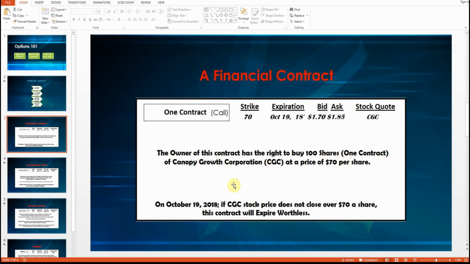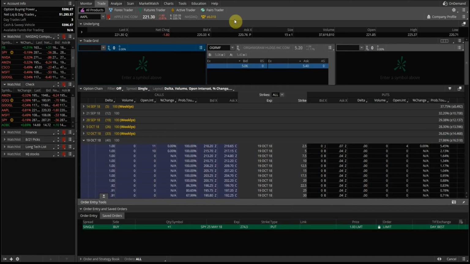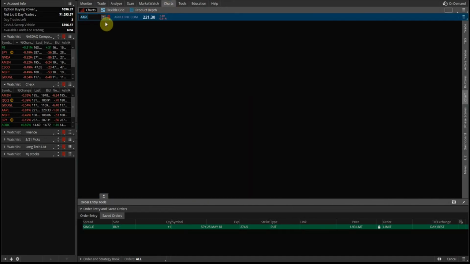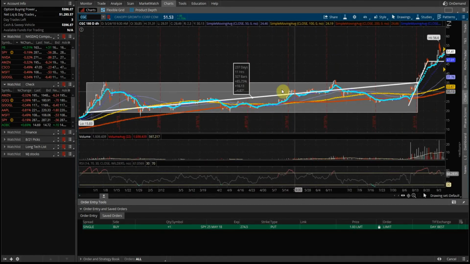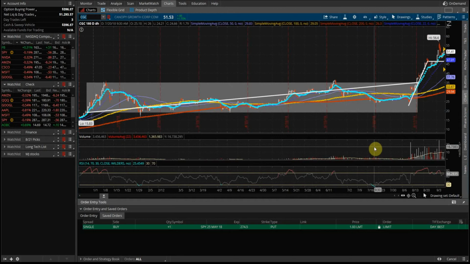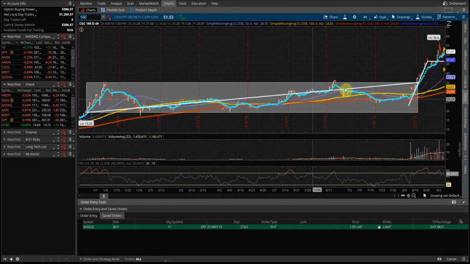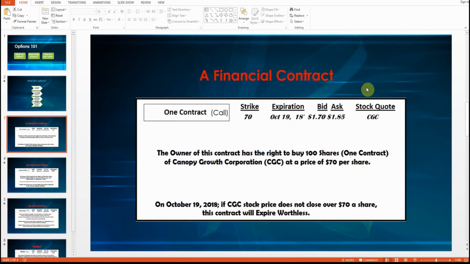So no matter what happens to this stock, whether it goes to 100 or 150 or 20, you have the right to buy it at $70 per share.